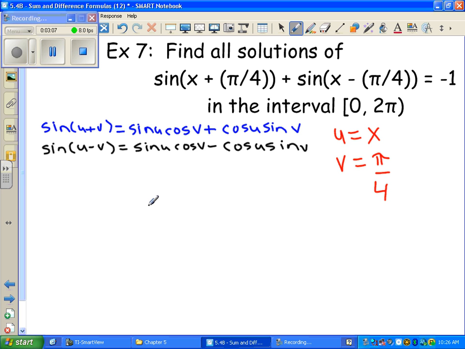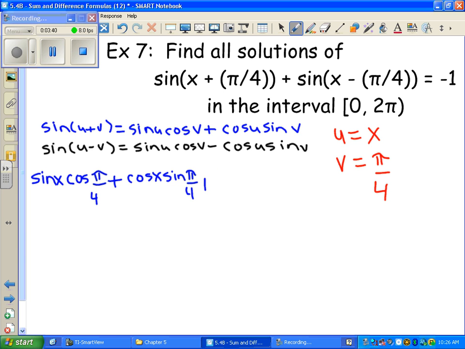Substituting in the first one gives me sine of x. So I'm just plugging the values into this formula right here. So I get sine of x cosine of pi over 4 plus cosine of x sine of pi over 4. That takes care of this first expression. Now I'm going to add to that this difference formula.